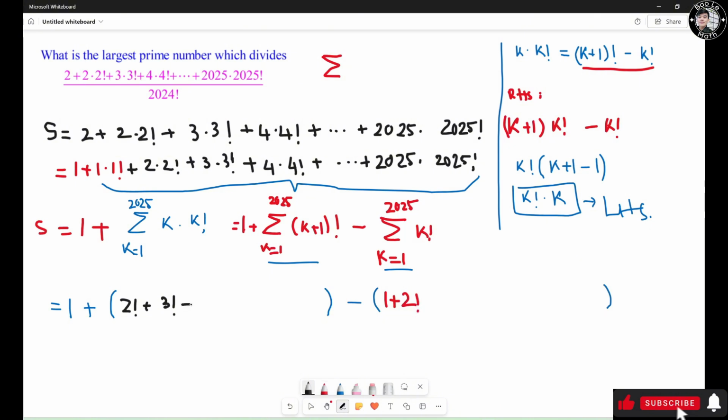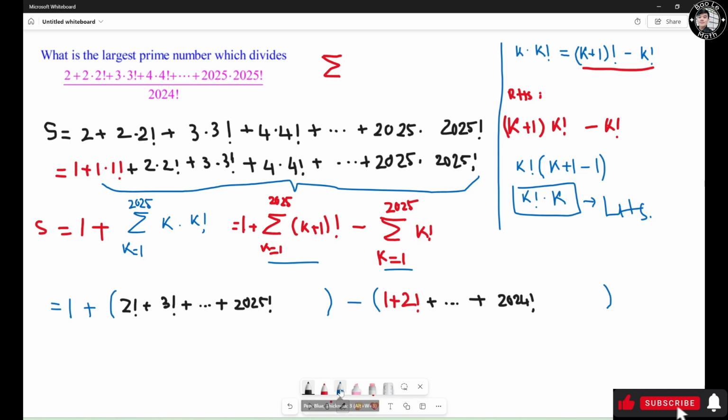Then etc., plus, now k equals 2024 turns out to be 2025 factorial, so plus 2025 factorial, and for the second sum, k equals 2024 gives plus etc., plus 2024 factorial.